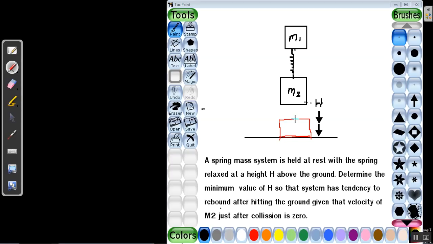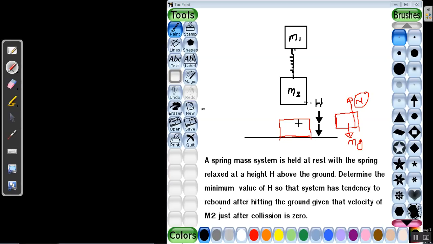This means, if you draw the free body diagram, here is the mg and here is the N. If it has to rebound, then this N must be 0, and to keep it 0 there must be an upward force. We are just analyzing what may be possible, because if there is no force in the upward direction, this m2 is not going to leave the surface.